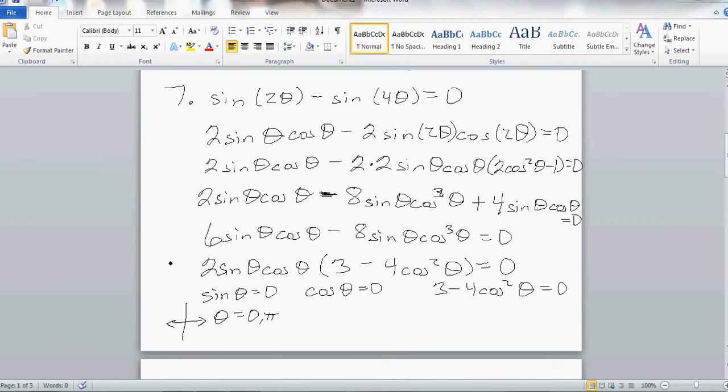Where cosine of theta equals 0 will be there or there. So theta might equal pi over 2 or 3 pi over 2. Then finally here we need to subtract 3. And divide by negative 4.